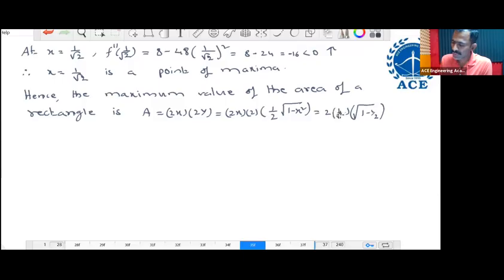Into 1 by root 2 is equal to 2 into 1 by 2. 1 by root 2 from this 1 by root 2, 1 by 2, 2 into 2, 1. Now this is the maximum value of the area of the rectangle with the given condition.